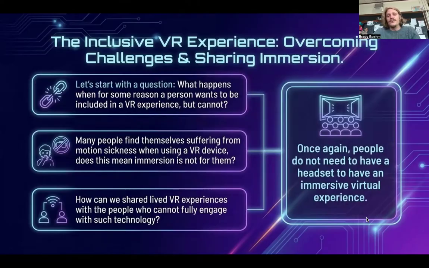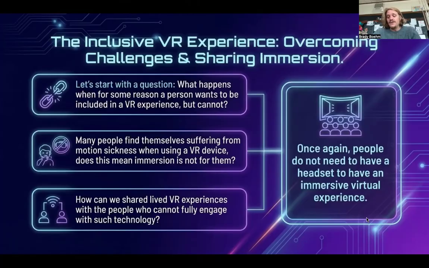So let's start with the real issue. Virtual reality is exciting, but it's not perfect for everyone. Some people may find themselves suffering from motion sickness, discomfort, or even disorientation while using VR headsets, and others might not even have access to this technology at all. So here's the problem.